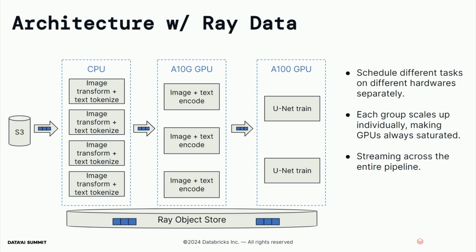And the training workers are scheduled to A100s. Basically, with this architecture, Ray Data can scale up each group of tasks individually, so we can make sure that both the A10G and A100 GPUs are always fully saturated.